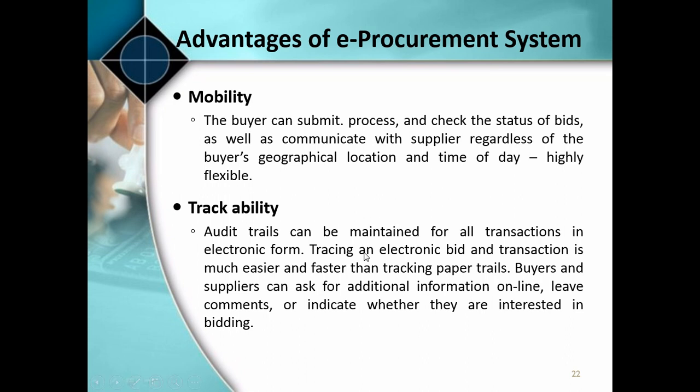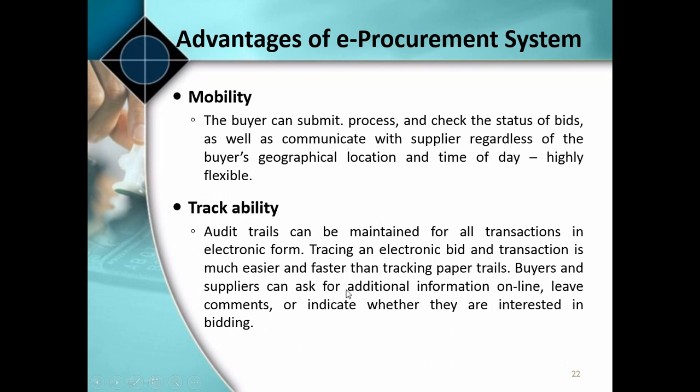So tracing an electronic bid and transaction is much easier and faster than tracking paper trail. Lagi senang kita trace something dalam electronic, instead of kita nak kena track kertas, nak kena tengok satu-satu material requisition korang tu. Korang boleh guna sistem je, which is boleh trace secara senang.